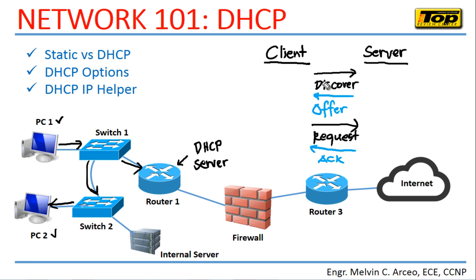Okay? So, yan yung process ni DHCP. Client will discover the server, then the server will offer the client an IP address, and then the client, nagustuhan niya yung offer, magre-request siya, and the server will give the IP address to the client.